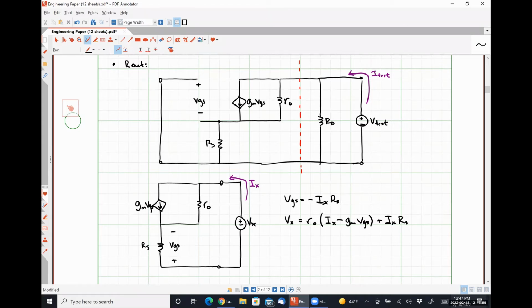So the voltage drop over my resistor r naught plus the voltage drop over my resistor Rs sums together to give me the voltage drop Vx. Everybody okay with my application of KVL?